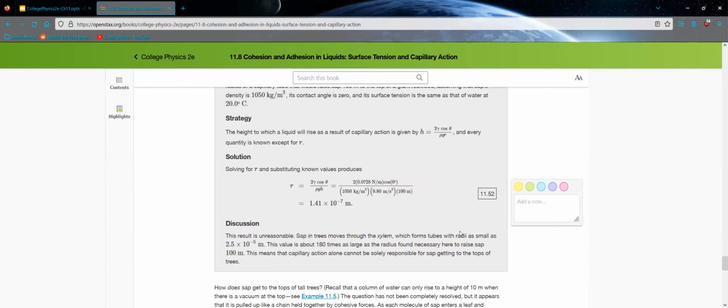And when you look at that number, that's pretty small. That's a very tiny little tube. If you had a tube that was that wide, 1.14 times 10⁻⁷ meters, and you put that in water, the water would rise 100 meters up the tube based more or less purely on surface tension. That's what that's saying. However, the capillaries, or the stuff in the tree that water flows through, isn't actually that small.